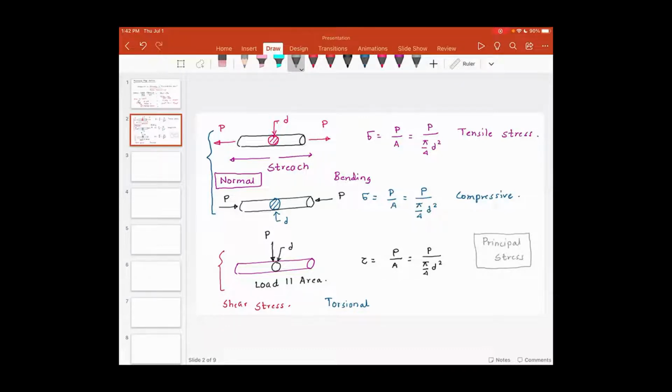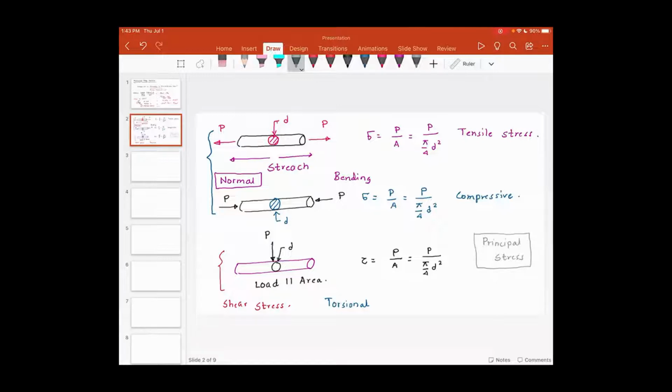Anyone? Have you studied principal stress? Have you used the equations for principal stress? It's the force over the area of a force.